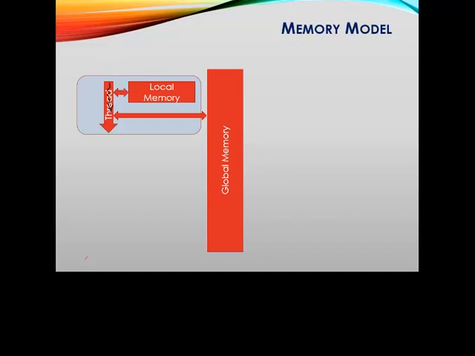This function individually, if you look at it as just one function, will have access to its own local memory. And the local memory consists of any memory units that you declare and define within the kernel function, or the parameters that you pass to this function by value. Those are all within its own local memory.